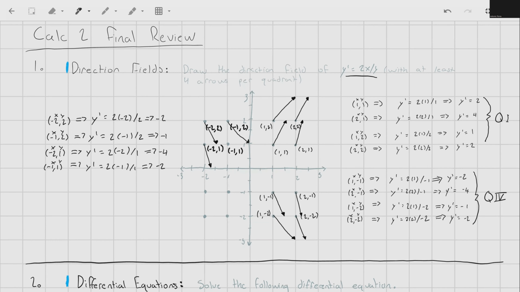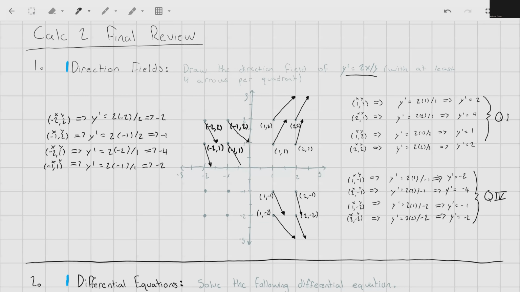So slope here looks something like this. So I did the same idea for quadrant 1 and 4. This one is quadrant 2. Now I just need quadrant 3.